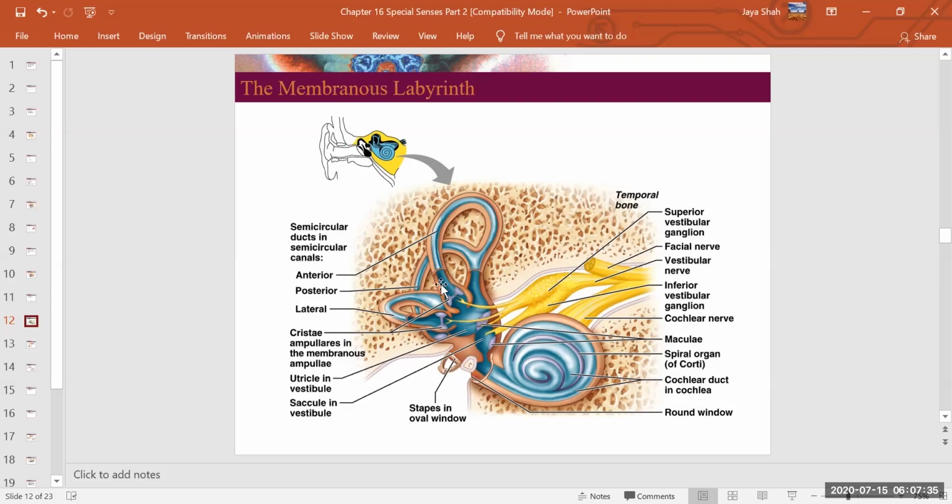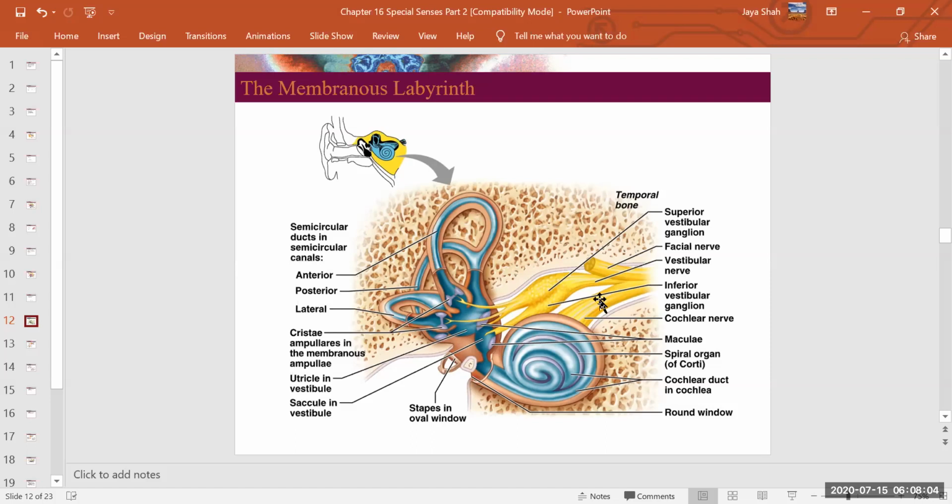Similarly, when you move your body, we're going to see different kinds of movement. They move the hair cells and receptors in different organs here. When you move your head, you move the fluid, which moves the receptor, and that depolarizes and makes an action potential, which passes through the dendrites and then to the neuron, and on to the vestibular nerve.